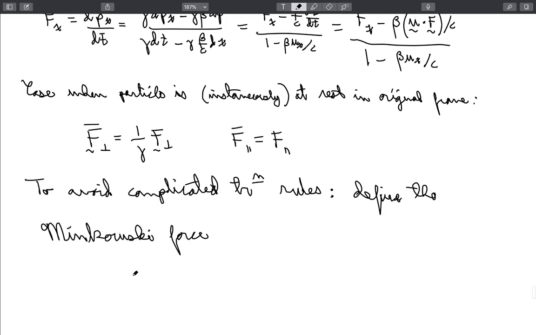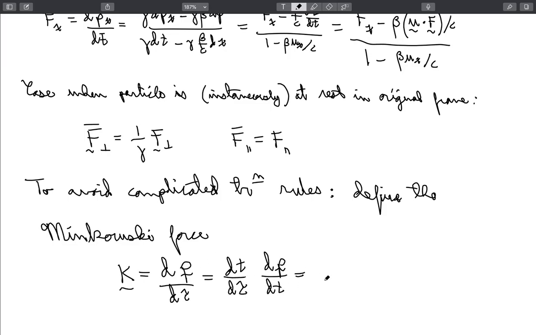This Minkowski force, symbol K, not a surface current, just K, is the rate of change of the relativistic momentum with respect to proper time. You can rewrite this as dt/dτ times dp/dt.